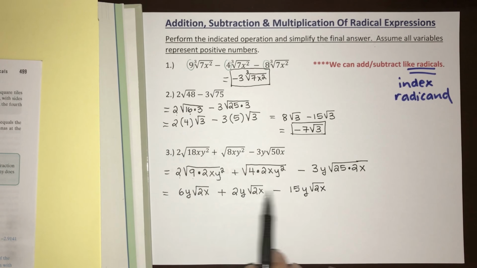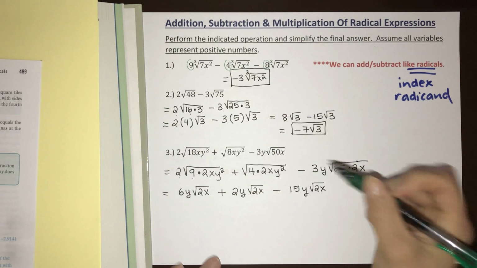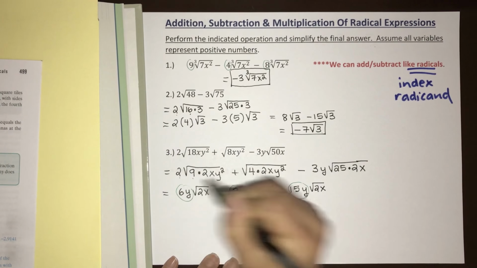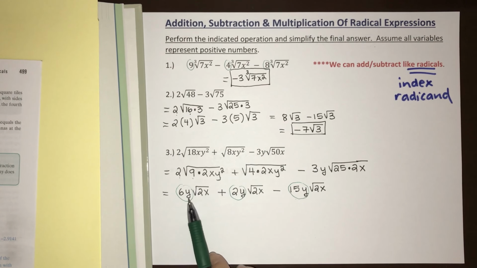We have like radicals, which is awesome. We also need to make sure that the terms on the outside, okay, these have to be like terms. Notice that these three are like terms because all three of them have a y. If these three are not like terms, we still cannot add and subtract. So you have to have like radicals and like terms on the outside.